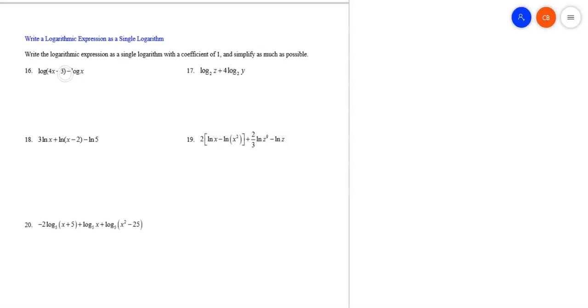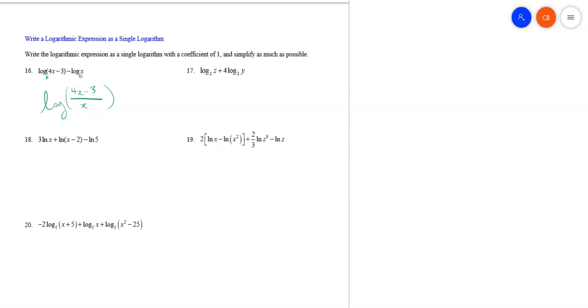And by the way, these bases are the same. They're both log base 10. We have to have the same base, of course, in order to use these properties. But we have here log of something minus log of something, so we can write it as log of the first term, the 4x minus 3, divided by the other thing, x, like this. So we would write it this way.